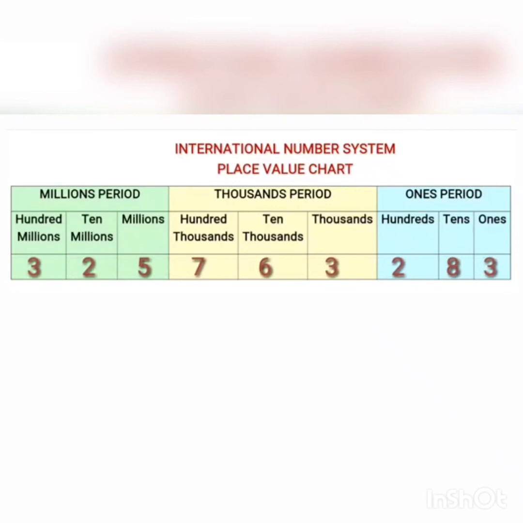Now observe one number, how to change its place value into international and Indian number system. The number is 32576328. Now we keep it in the international number system place value chart.